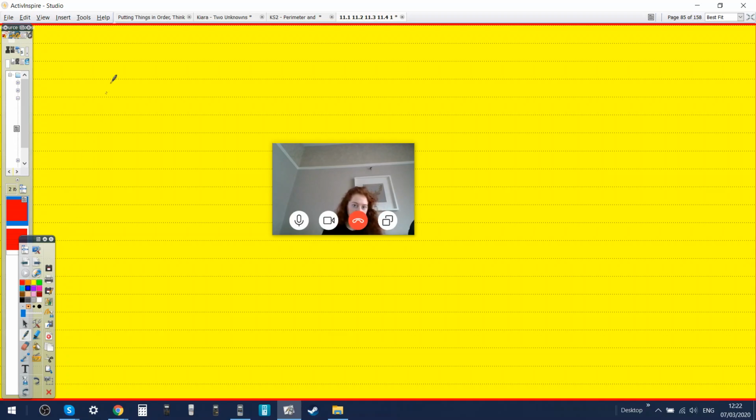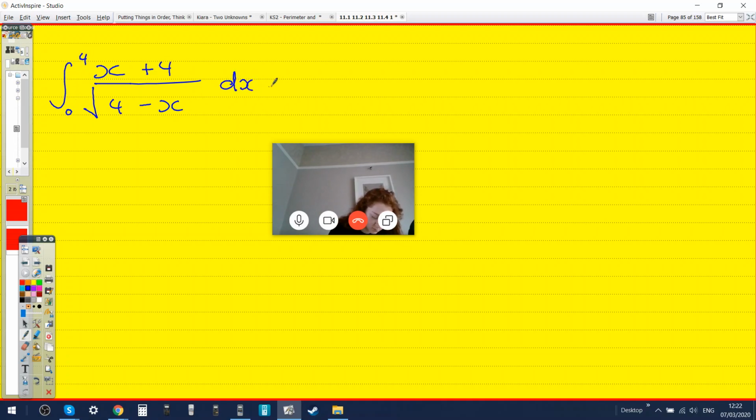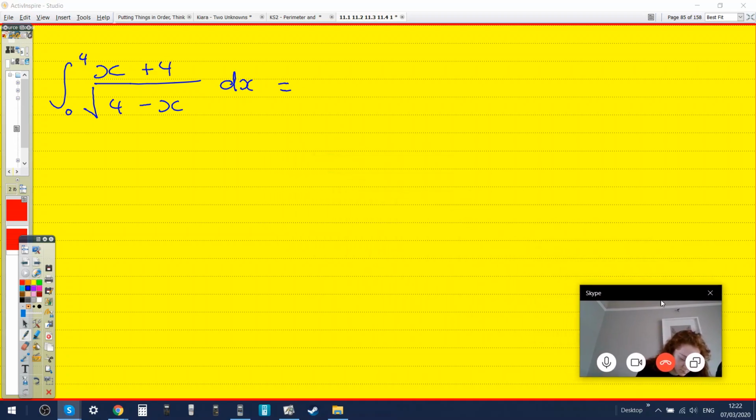So it was x plus 4 over 4 minus x. We wanted the definite integral, and using the substitution u equals 4 minus x. So how do we do this?